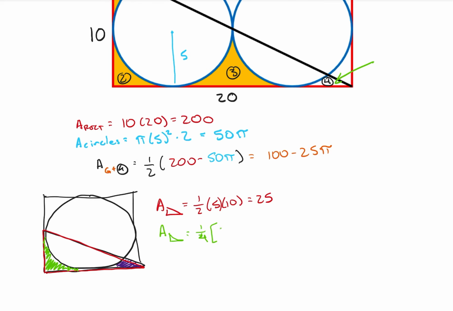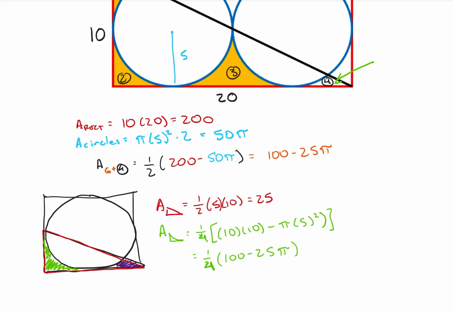That's going to be the square, which is 10 times 10, minus the area of the circle, which is pi times 5 squared. So that's going to give me 1/4 of 100 minus 25 pi. That's going to be the area of the little green region.